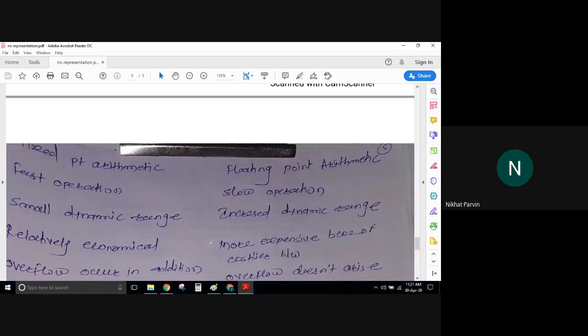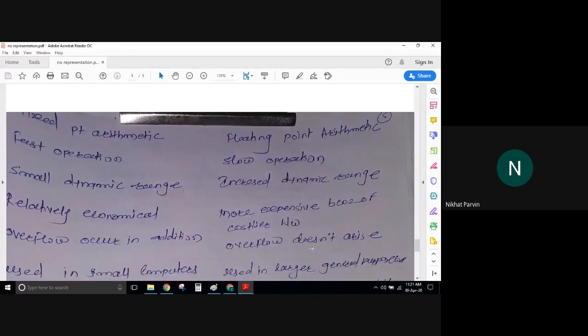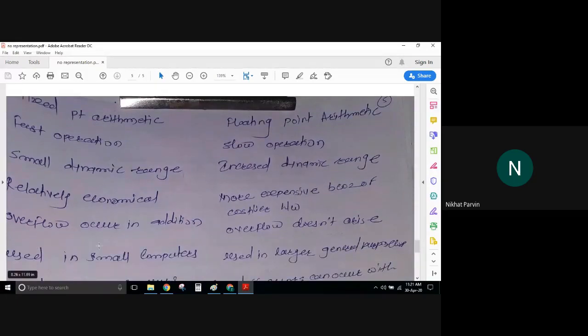Here the dynamic range is small, here the dynamic range will be more. It is a little bit economical, here it is costly, definitely because of more hardware. Overflow occurs in this, overflow doesn't occur in floating point. And it is used in small computers, while floating point is used in larger or general purpose computers.